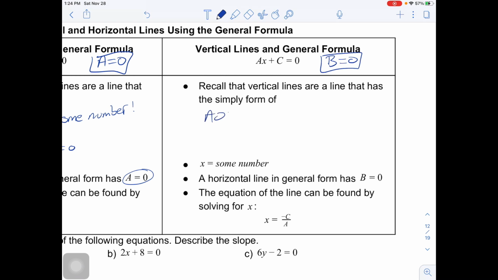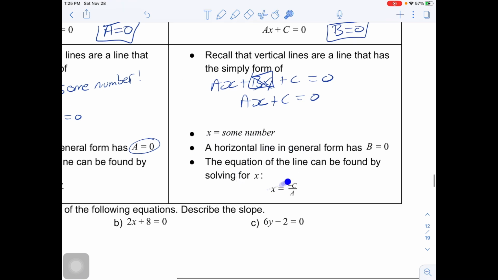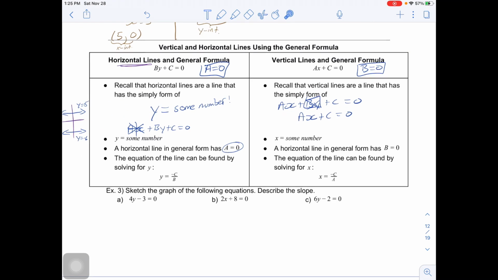Remember ax plus by plus c equals 0. Well, in this case, since b equals 0, that whole term is gone. So you're left with ax plus c equals 0. And remember, a vertical line is where x just equals some number. We can figure out where that's located by simply solving for x.